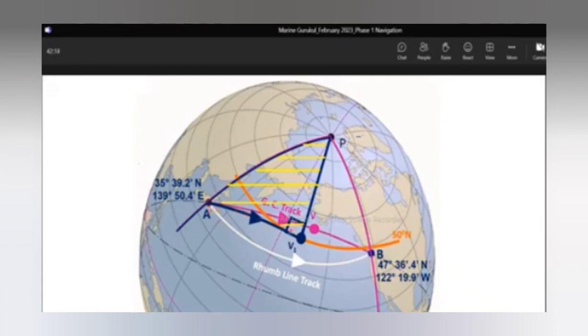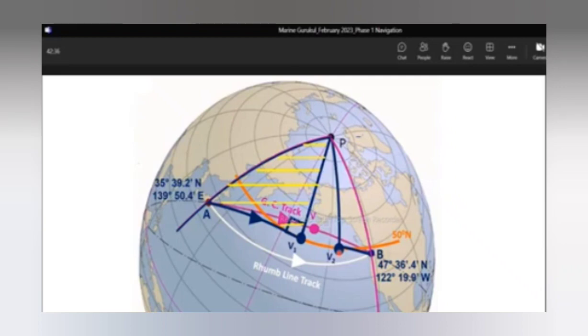Likewise, we figure out a GC track passing through B, again having its vertex in the limiting latitude. You can see here the vertex of this GC track marked with V2. So what is BV2? It's an arc of great circle passing through B, having its vertex in the limiting latitude.